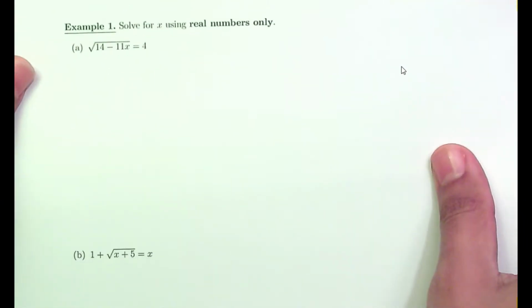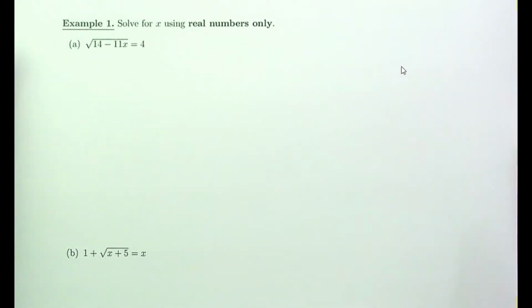All right. So here's the first example. The first step is you want the square root, the radical, all by itself on one side of the equation. In this example, it's already done. The square root is all by itself on the left. So step 1 is done.